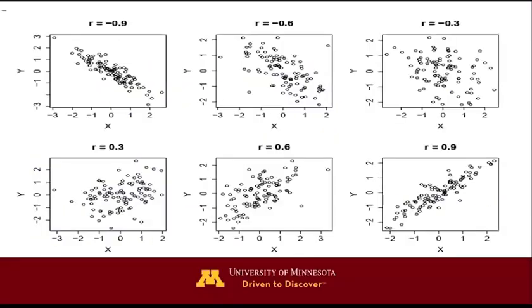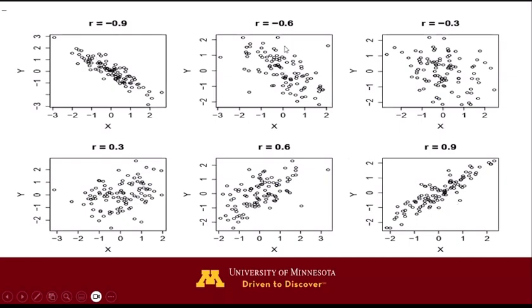Now, what I'm trying to show in this picture is what you get when you use the formula to calculate R, and this is the corresponding scatter plot. I need you to take a look at this one and this one. They are both strong, right? But they are in different directions. Can you see that?